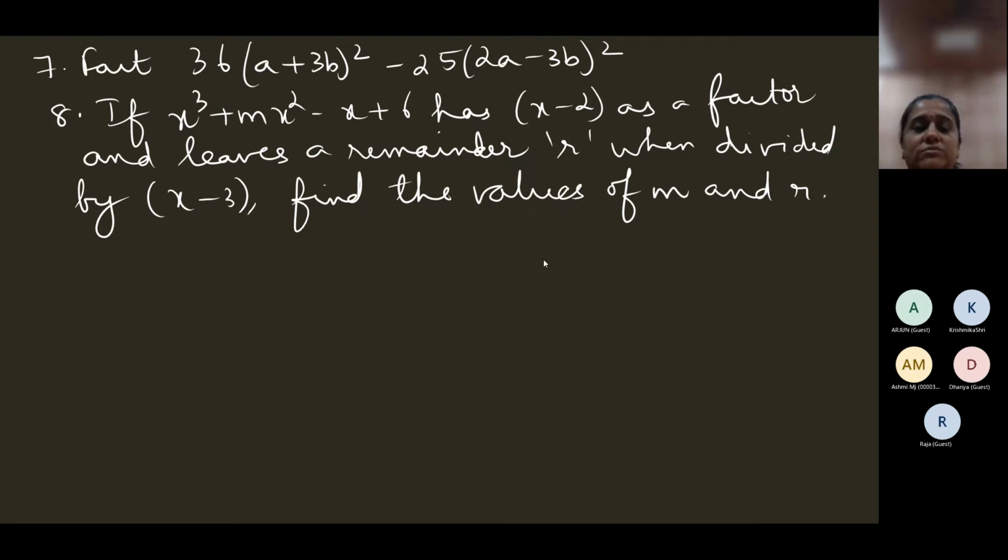Done the first one, children, meaning the 7th one. Children, have we finished the 7th one? Okay, which identity, Danya? A square minus B square, ma'am.